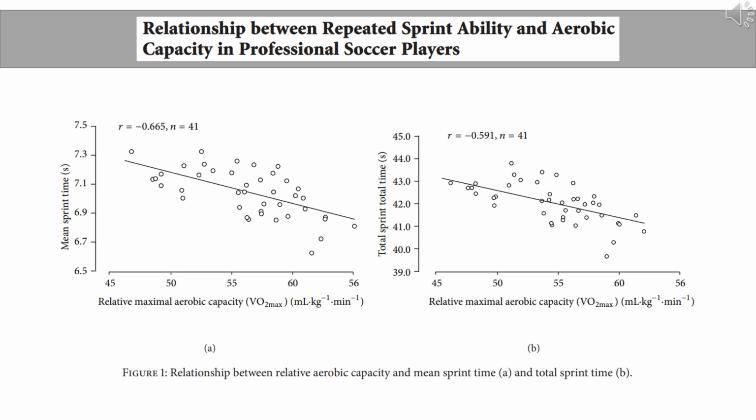So ultimately, what we want to see is a negative correlation if there's a meaningful association between repeat sprint ability and aerobic capacity. And unsurprisingly, in professional players there is, and that's probably because the greater their aerobic capacity, they have a higher tolerance or ability to not only buffer against lactate, but also recover in between sprints, which then enables them to perform more subsequent repeated sprint bouts.